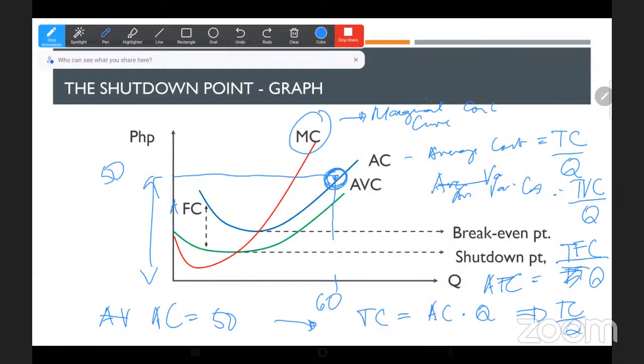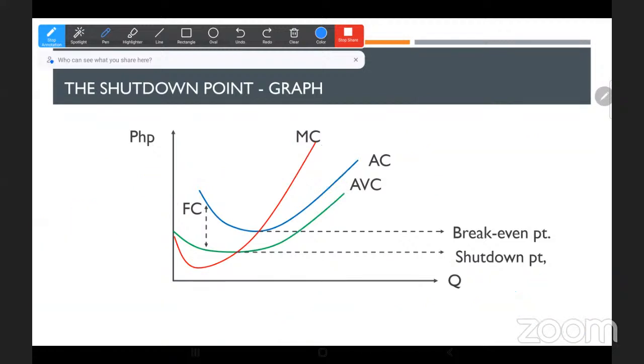So in this case, the total cost will be 50 times 60. This is 3,000. This is your total cost.